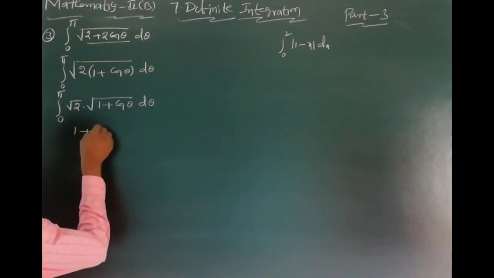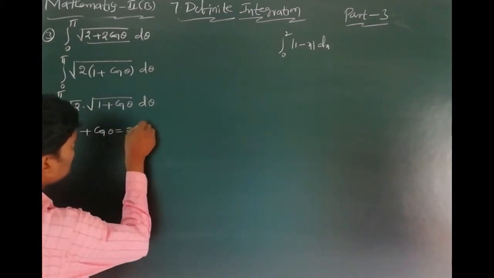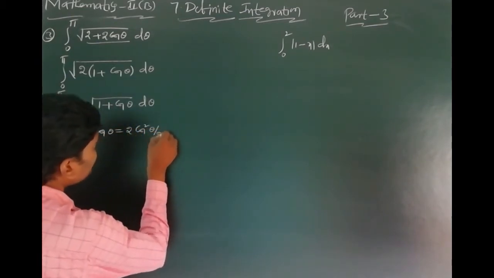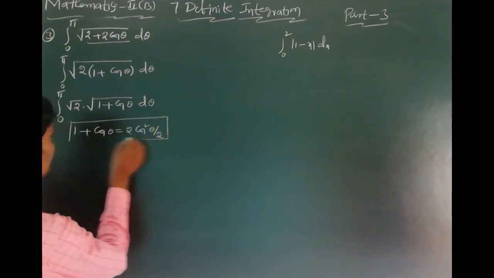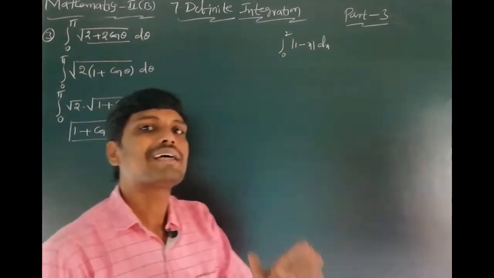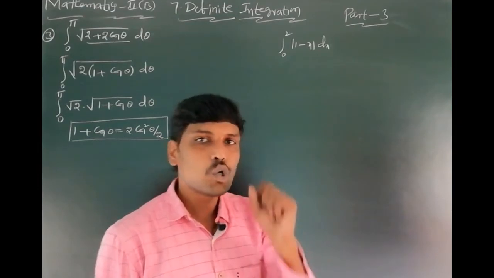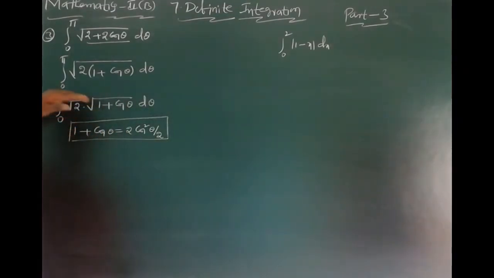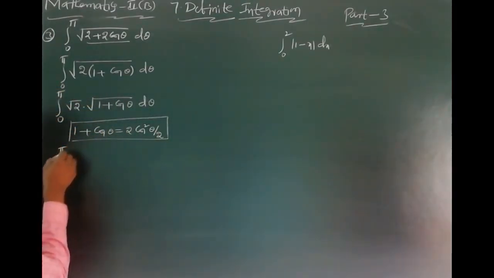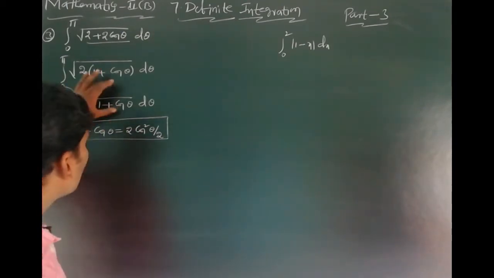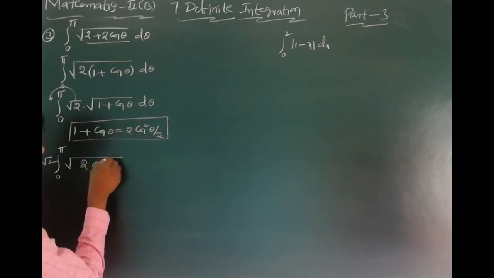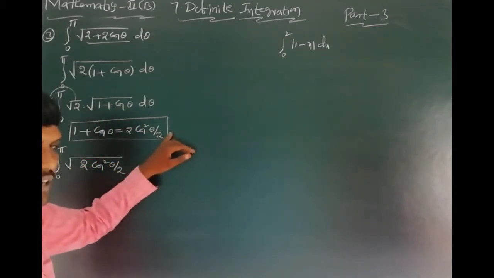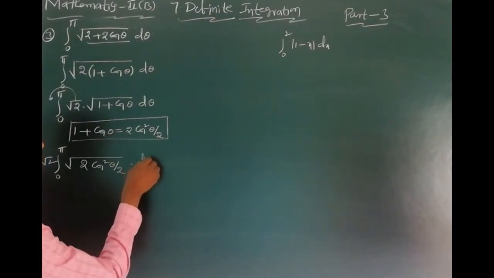Here 1 plus cos theta is equal to 2 cos square theta by 2; the formula is there. Which formula is this? A trigonometry formula. 1 plus cos theta is equal to 2 cos square theta by 2. That's why you can write here the integral 0 to pi, square root of 2 into square root of 1 plus cos theta, whose value is 2 cos square theta by 2, into d theta.